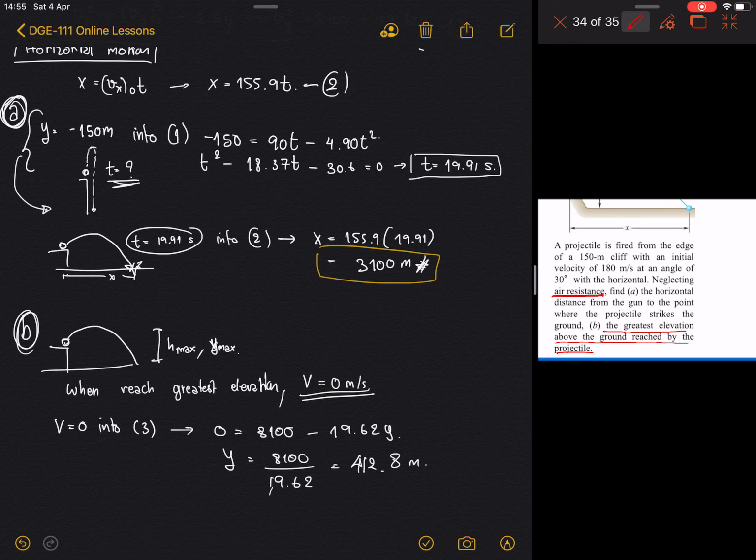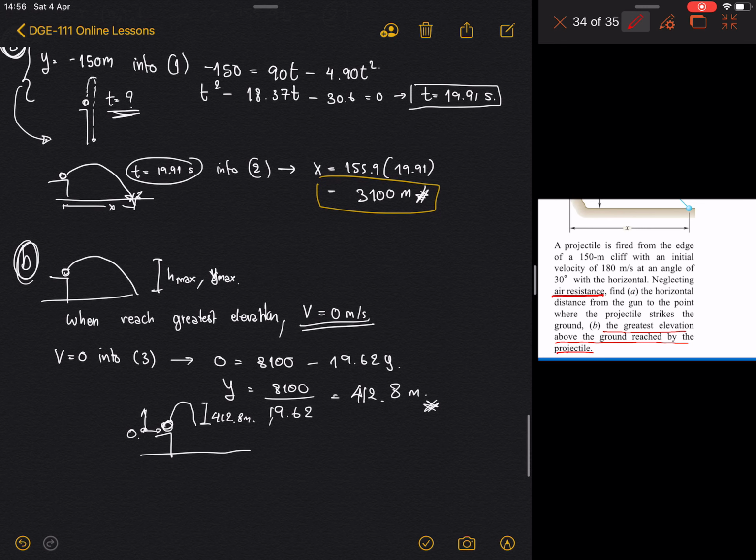But be careful. You throw it from here, and the height is here, 412.8 meters. Because your coordinate start here is at 0, but they ask for the maximum elevation above the ground.